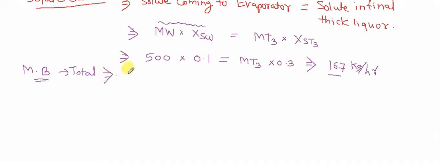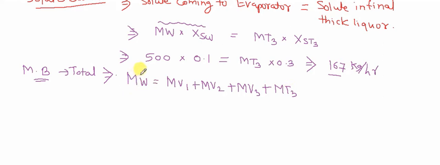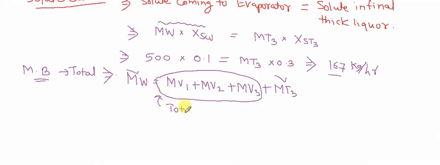Just write down this: MW is equal to MV1 plus MV2 plus MV3 plus MT3. Here we know MW, we know MT3, so we can find out the total water removed, or total water vaporized.